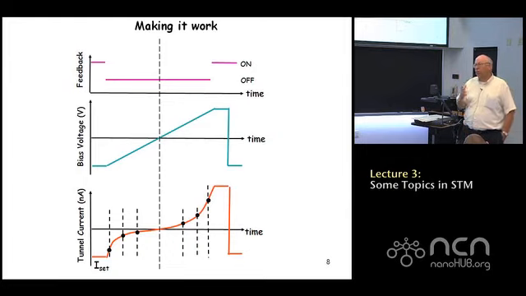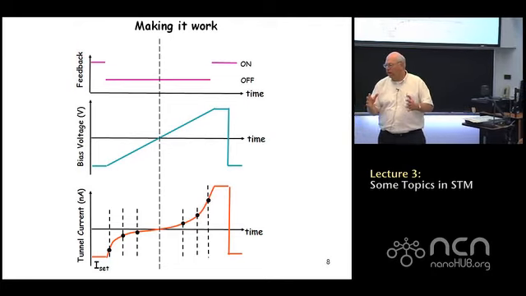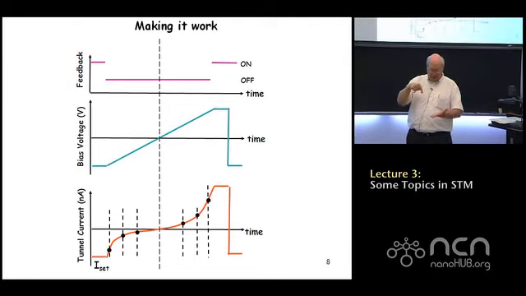So clearly, if there's a big drift in the tip when you turn the feedback off, if the tip approaches the substrate or pulls away from the substrate, then your measurement of IV is meaningless. The implication is that when you turn the feedback off, the tip stays at a fixed position above the substrate.